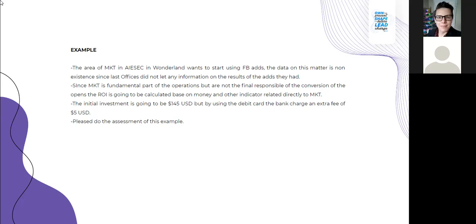If they are not the final responsible of getting the monetary return of investment, what else can you use in order to measure if it was a successful investment? And if the monetary return of investment is not successfully received, what were the causes?